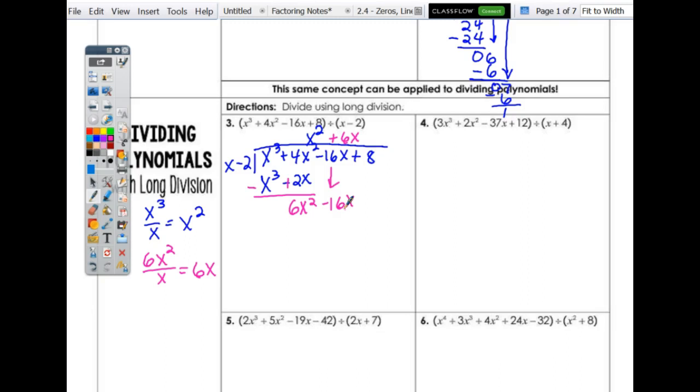Okay. So now I'm going to multiply. So I'm going to have 6x squared, and then I'm going to have minus 12x. And what do I have to do? Change the signs. So these cancel out, and now I have minus 4x, and I'm going to bring down the 8.